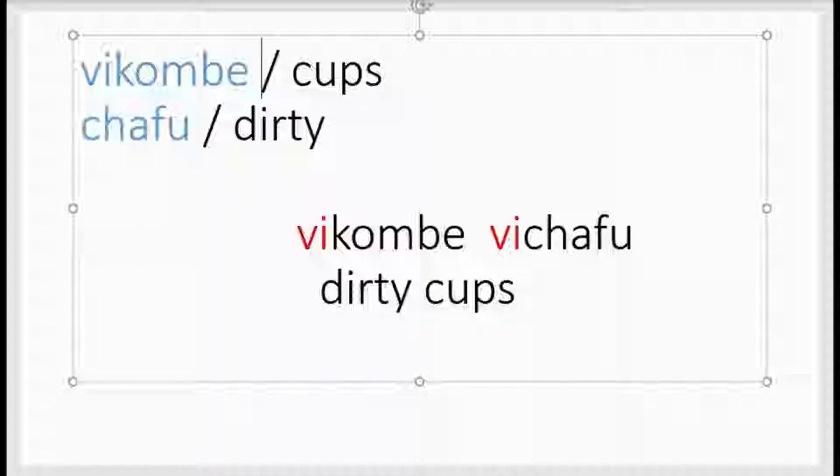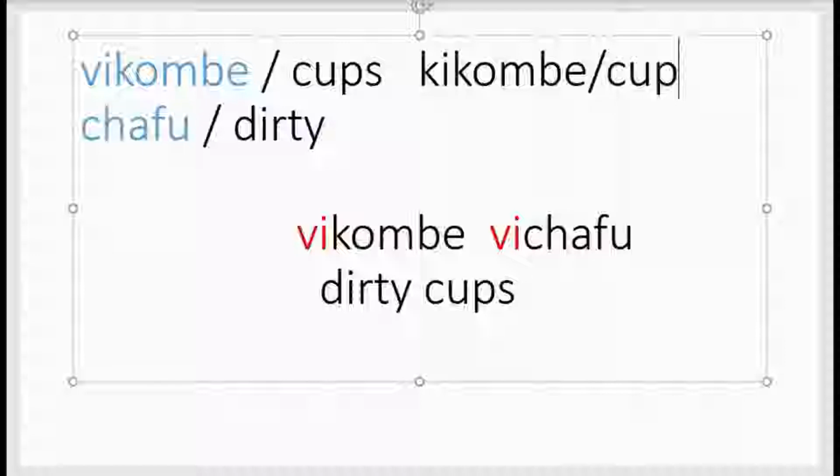If we were to say a cup, in Swahili it is just kikombe, which means a cup. So we are talking about a single cup, kikombe.